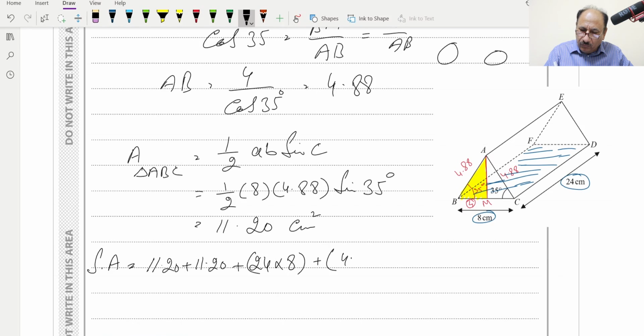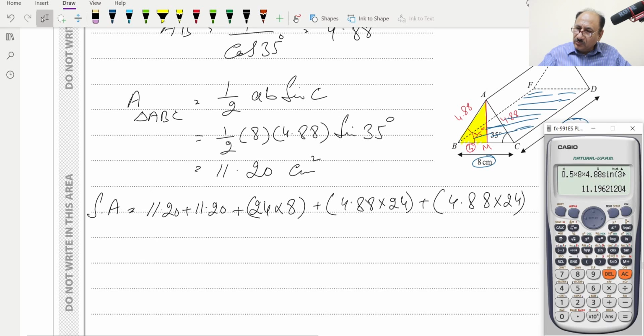And the other slanting side will also be the same, so we will write the same calculation.